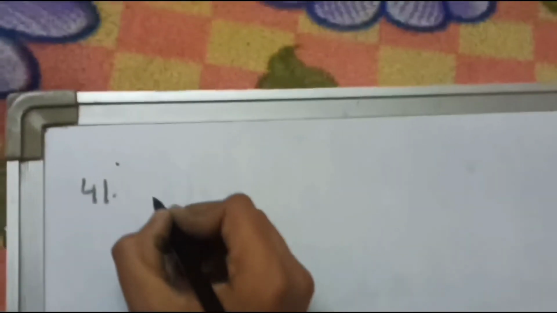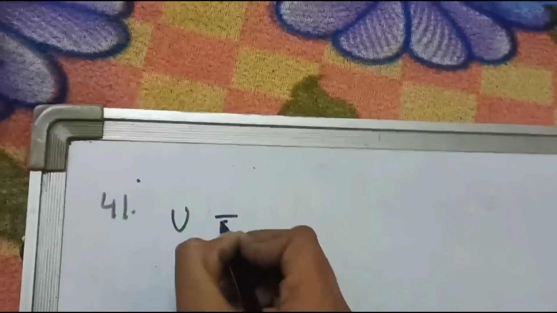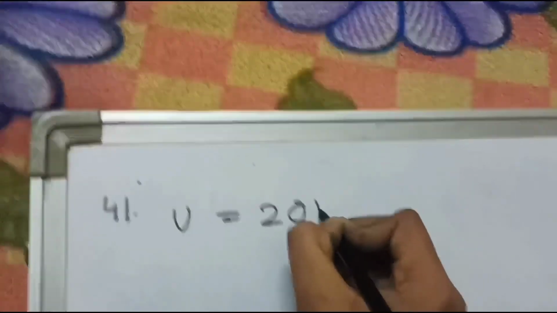So in the next question, there is a stone which is thrown vertically upwards with a speed of 20 meter per second. We have to calculate what is the maximum height it will reach before coming down. So in this question we know the u, it is 20 meter per second.